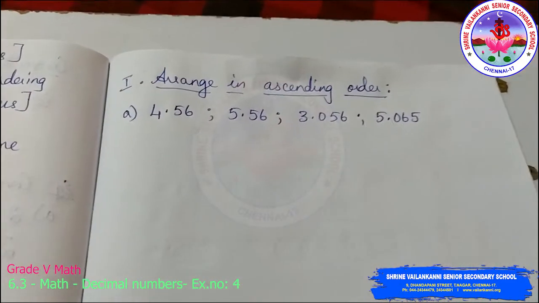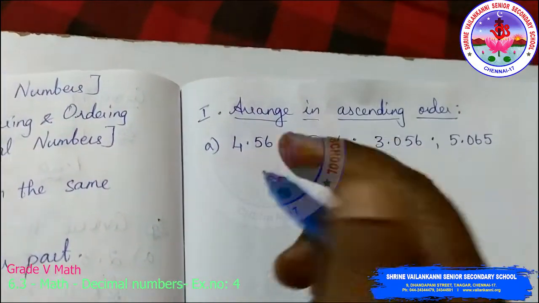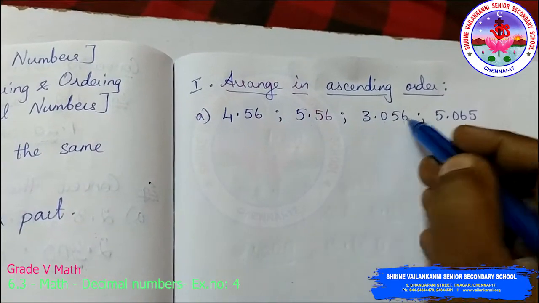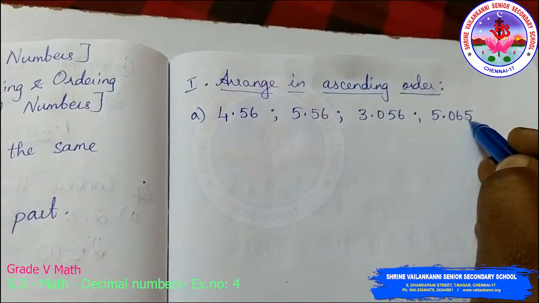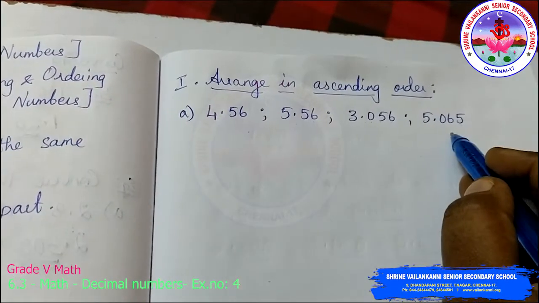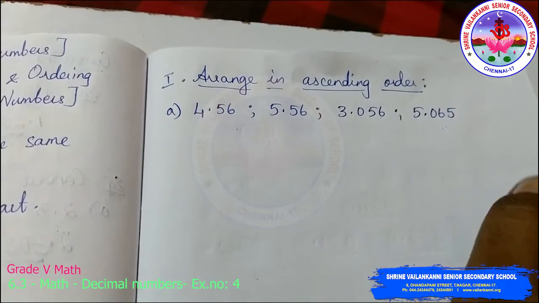For that I have given a set of four decimal numbers: 4.56, 5.56, 3.056, 5.065. First you have to check whether all the numbers given to you are like decimal numbers.